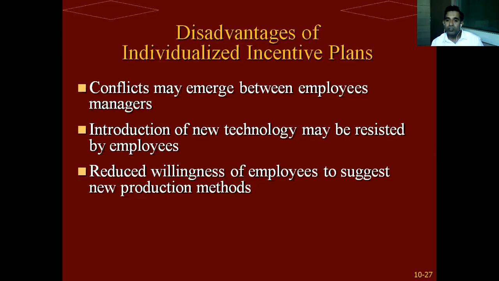For example, a new employee packing 100-gram biscuit packs may be able to pack, say, 2 packs in 1 minute, but an old employee working since 5 or 6 years will be able to pack 4 to 5 packets in 1 minute.